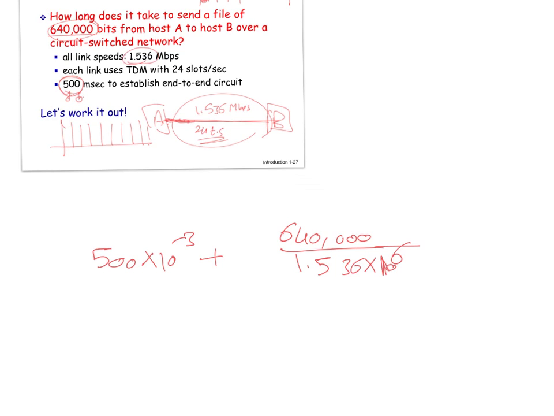But what happens is that only 1 over 24 of this is allocated for me. Right? So I need to divide by 24 or multiply by 24 here. So this time increases 24 times because of the fact that I'm using only 1 over 24 of the bandwidth of this time for myself. Okay? So I have to multiply here by 24.